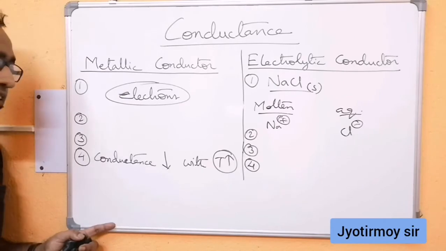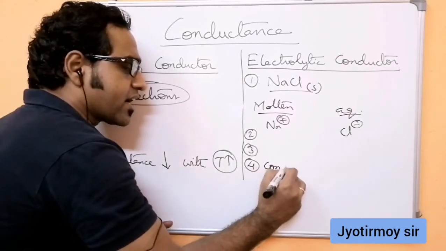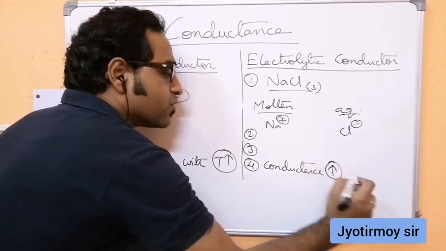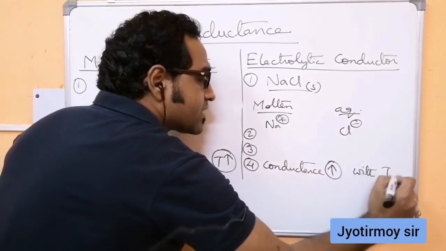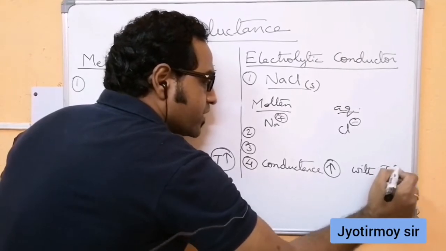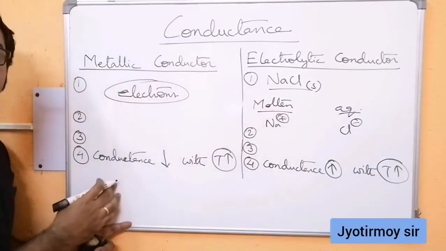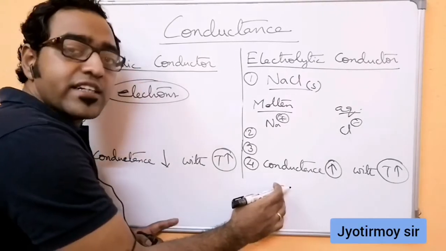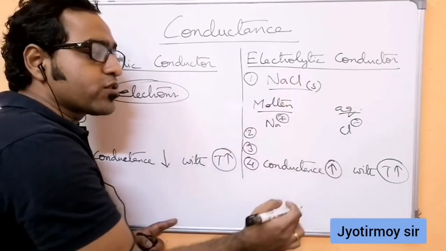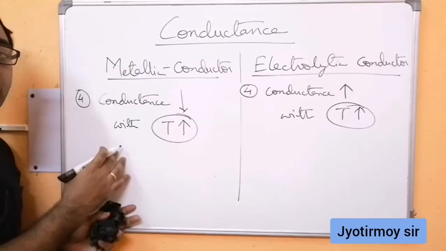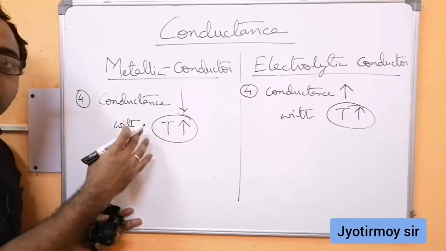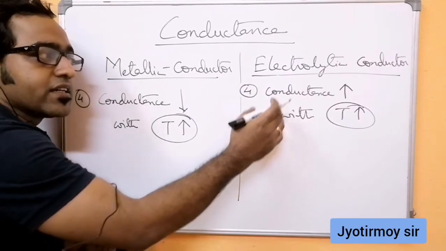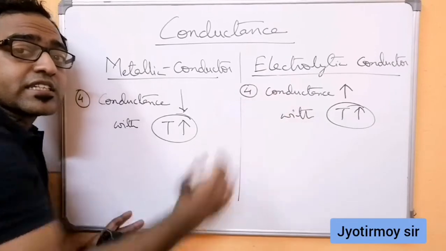In an electrolytic conductor, conductance increases with increase in temperature. So we have to know why conductance decreases in case of metallic conductor with rise in temperature and why conductance increases in case of electrolytic conductor with rise in temperature.